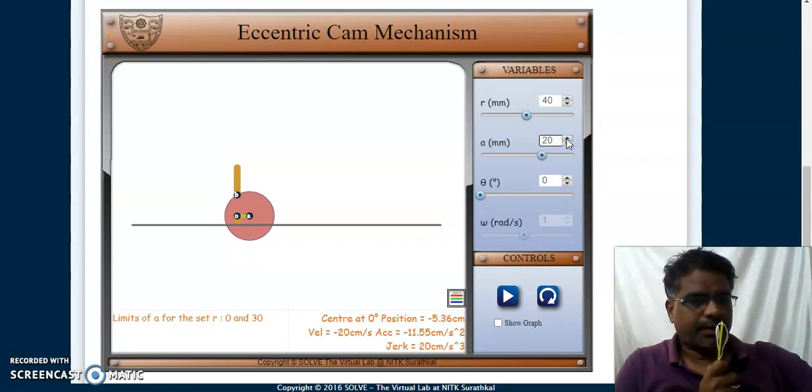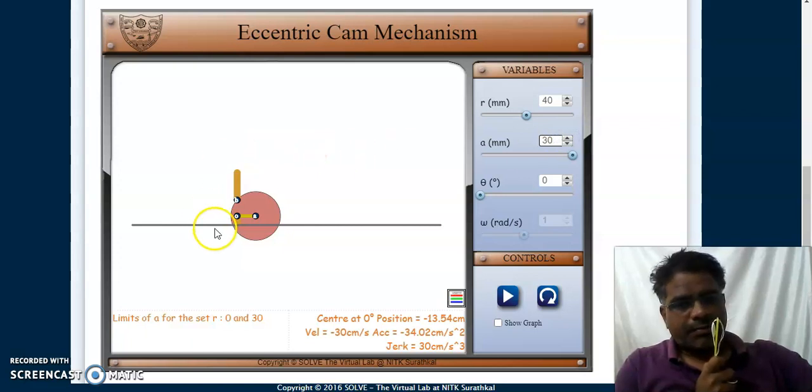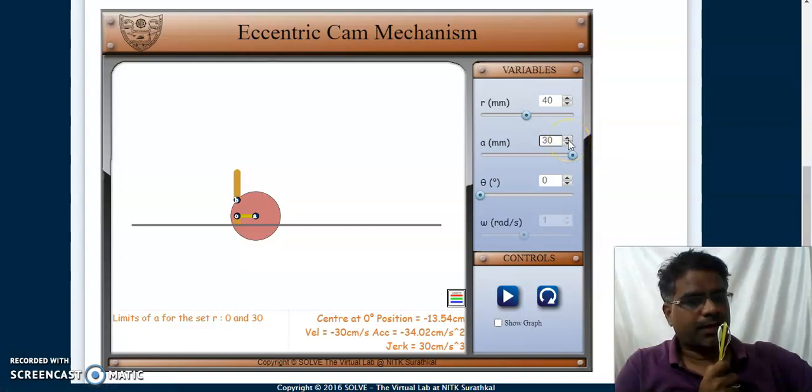When I make A as 20, the eccentricity has further increased. The center of rotation remains the same, but the point where we attach the cam has changed, meaning the eccentricity is increased. Similarly, if I increase further, you can see that it is moving still ahead. So up to this point I can increase in this particular simulation.